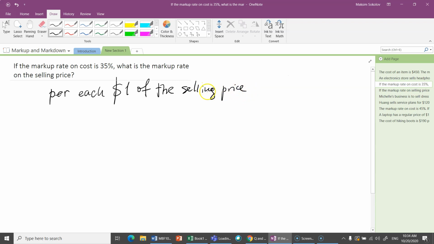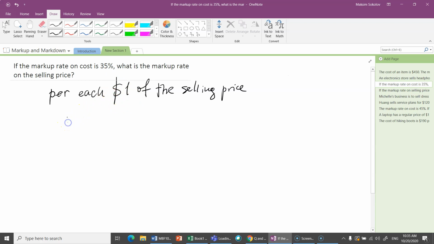Even though we are not given the selling price or the cost, we can ask a question about each dollar of that selling price, because you need to realize that any selling price consists of dollars, and we can explore what is going on with each $1 of that selling price.